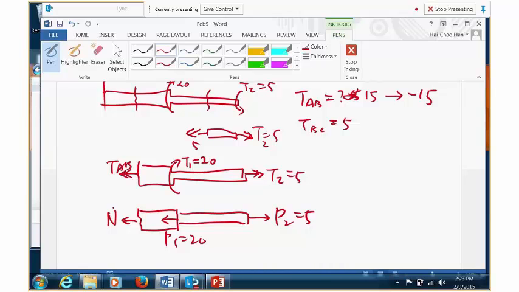So the quiz is the same thing here if you have a torque. I can give you the same quiz, just change all the forces into moments, into torques, and you should still be able to find it, and that means you understand. All right. Okay, so back to this one. So we're going to have TAB be negative 15.